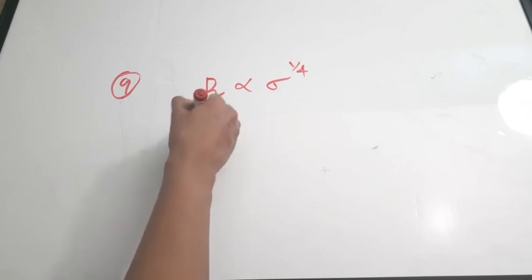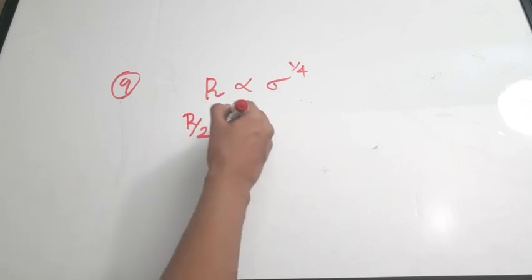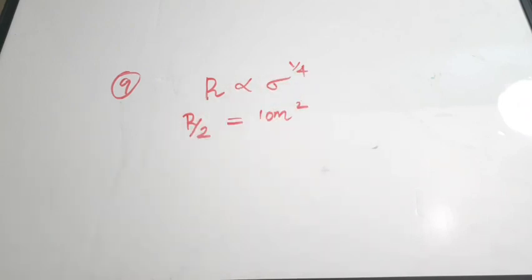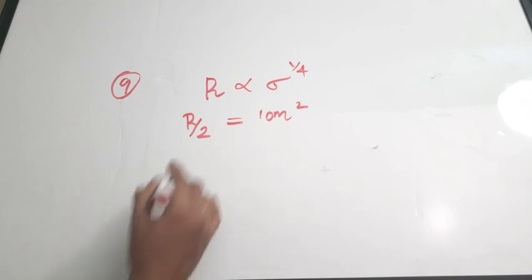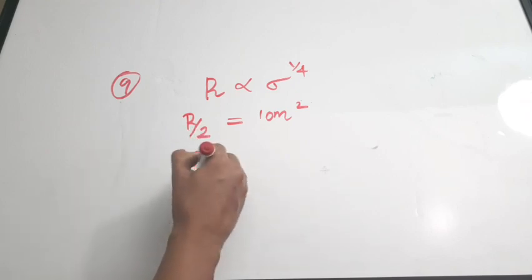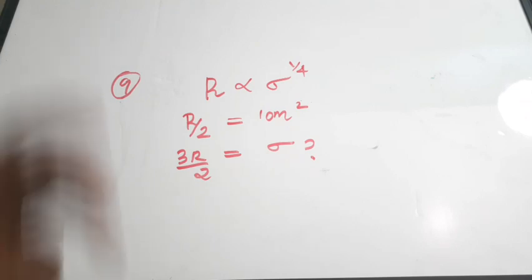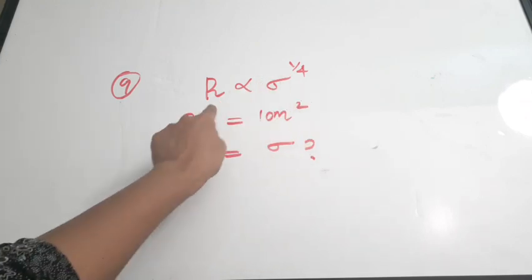So the first relation is at R by 2, the value of sigma equals 10 meters square. Right. Now, it is asking what should be the target cross section at 3R by 2. At 3R by 2, what is the sigma?